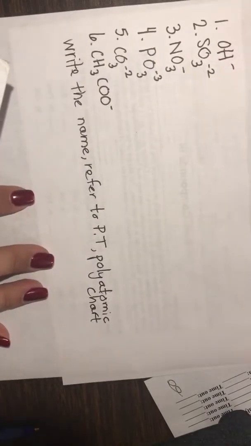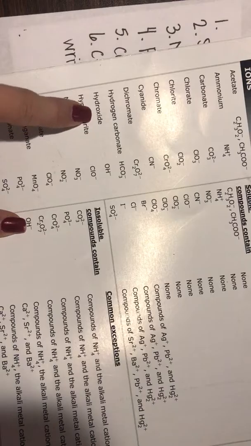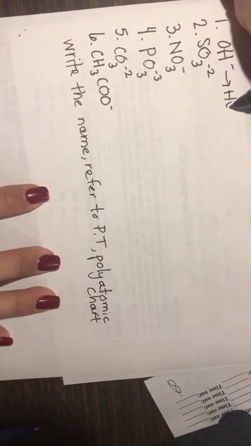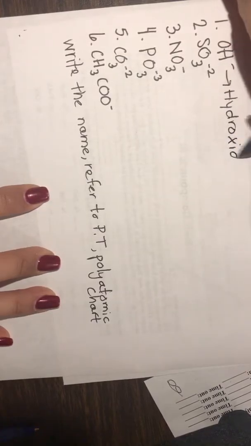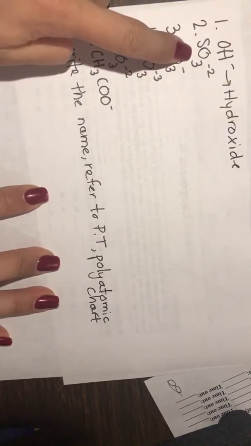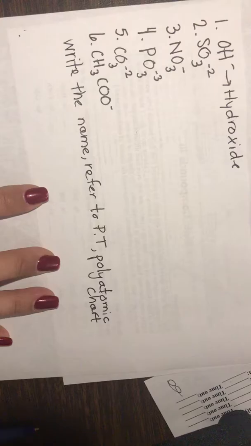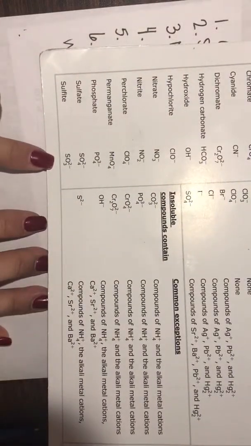So OH with that little negative sign, I refer to this chart. OH with the negative sign right there, the name of it is called hydroxide. SO3, -2, I go to my chart. It's at the very, very bottom.